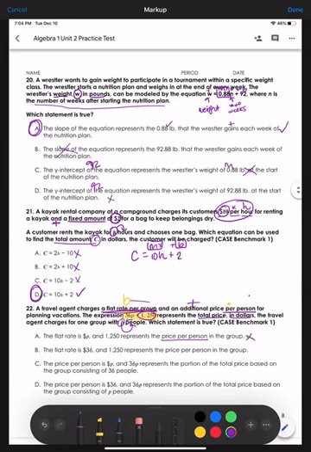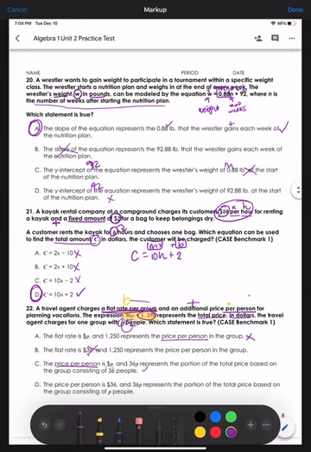It says the flat rate is $36. That's not true because 36 is being multiplied by p, so it cannot be a flat rate. That's not right. The price per person is $36. So yes, 36p represents the portion of the total price based on the group consisting of 36 people. That's a kind of funny way of wording that. So that could be right, but I'm going to move on and see.